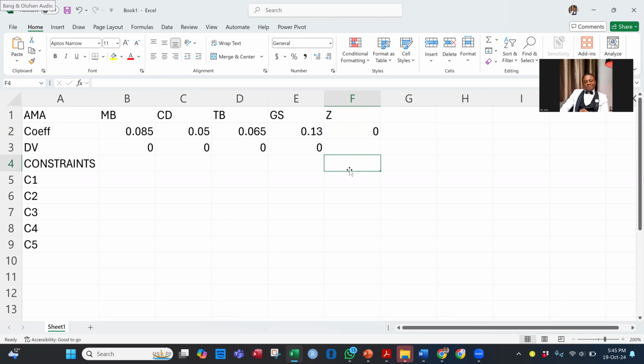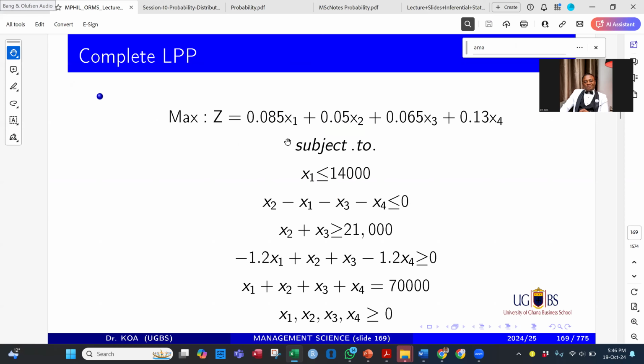So now, the next thing you do here is to write under the row for the constraints. You write left hand side, then you bring sign, and then you write the right hand side. That's it. As for the right hand side, you go and check. The left hand side, you go and check. But let's go here. Look at the first constraint. The first constraint, there is no x2, no x3, no x4.